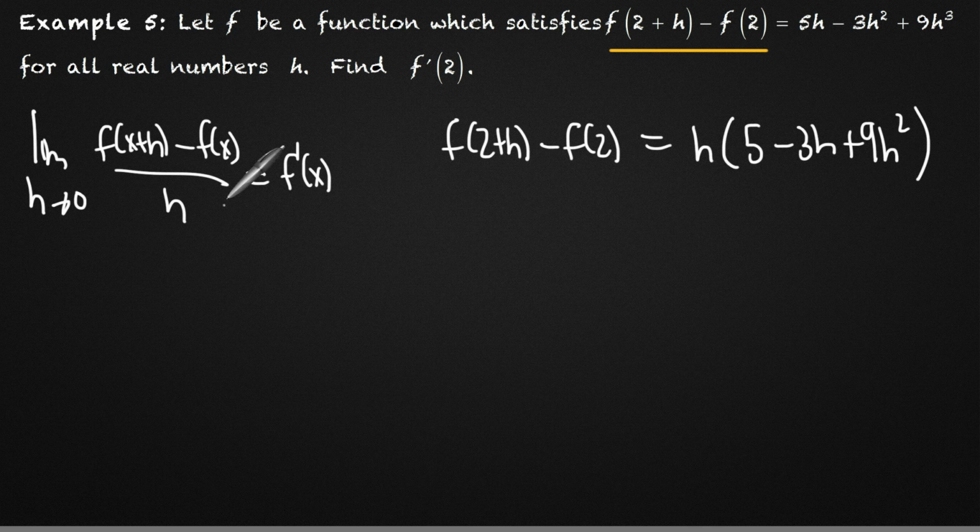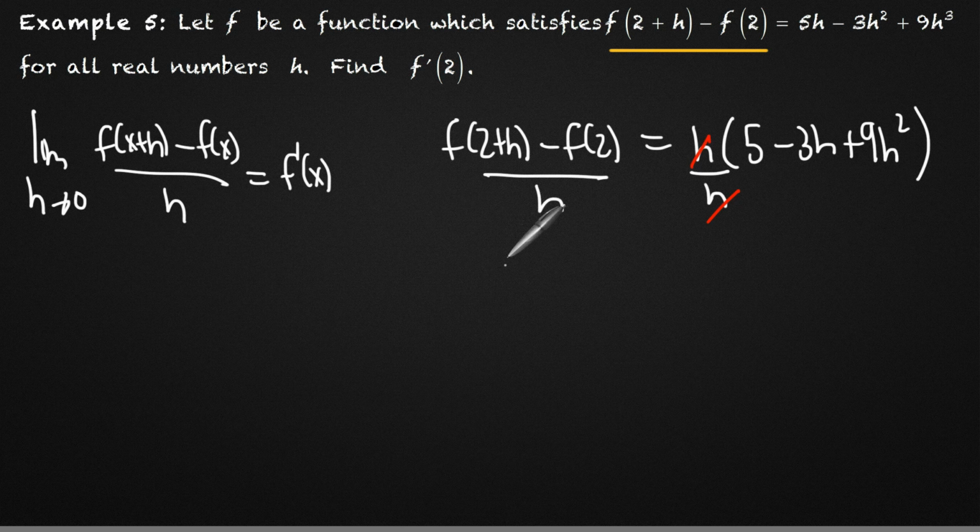Okay, we need an h on the bottom. So why don't we divide both sides by h? Divide by h, and these are going to cancel out, so those are gone.